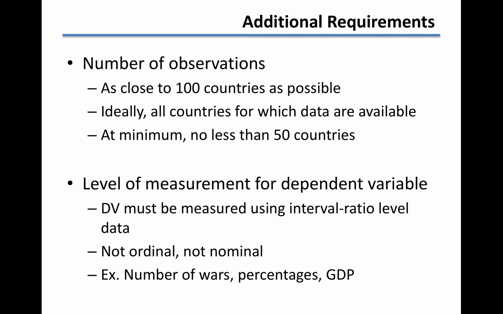Things like number of wars, percentages, GDP, anything when we double it, we know that's exactly twice as much as the former figure. So 40,000 GDP per capita is exactly twice as much as 20,000 GDP per capita. Right? That's a hallmark of interval ratio data.